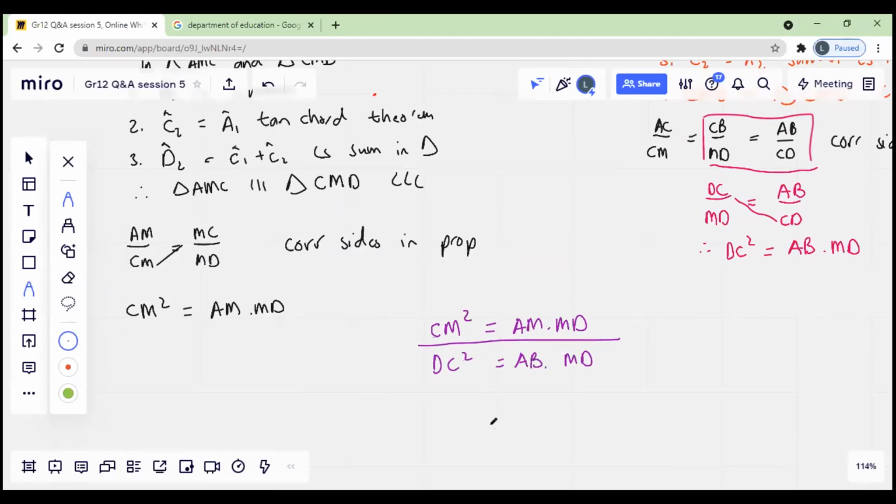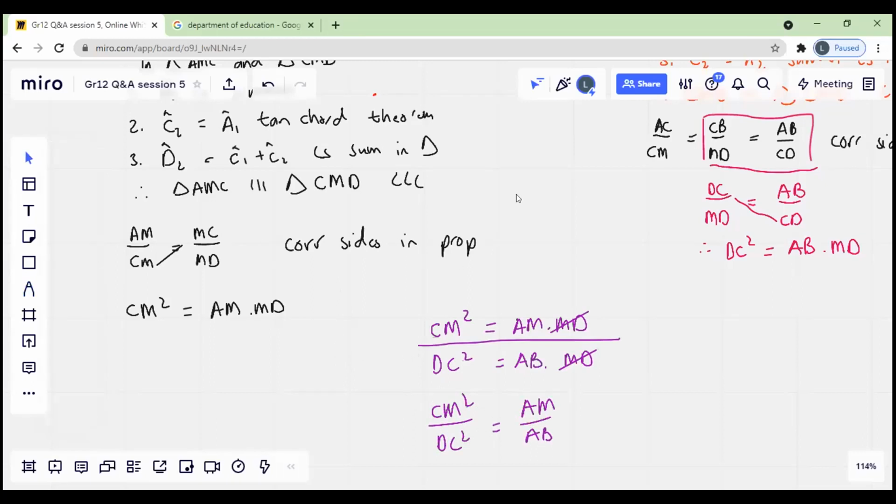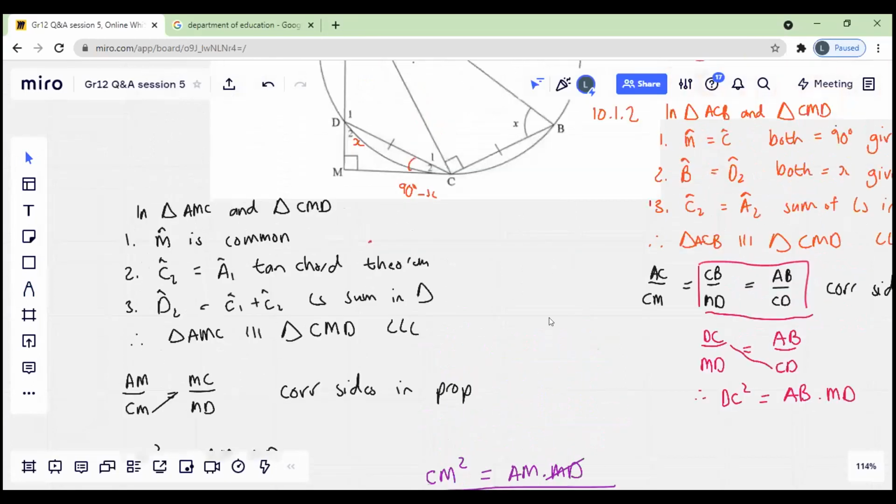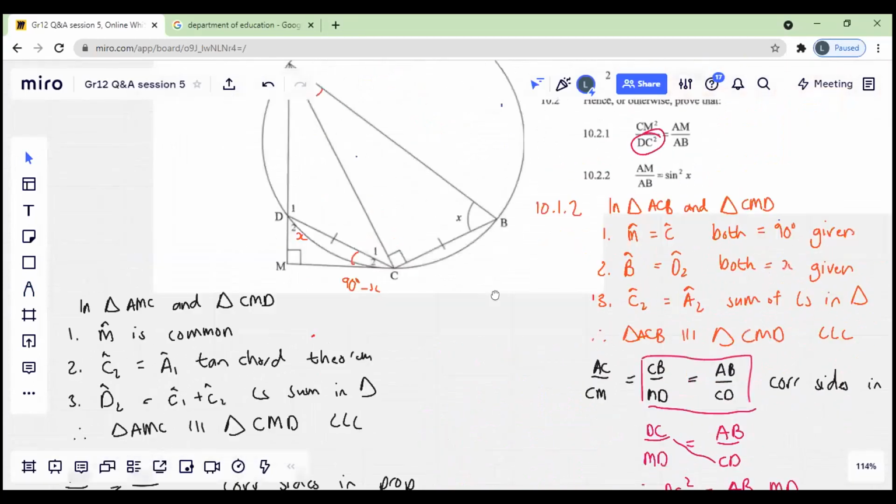All right, and what I know in maths is that MD divided by MD will give me 1, and that means that CM squared over DC squared will be equal to AM over AB. All right, so hopefully we've got that correct. Let's just have a look. AM over AB, yeah.